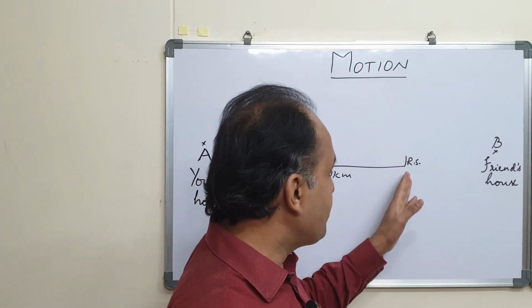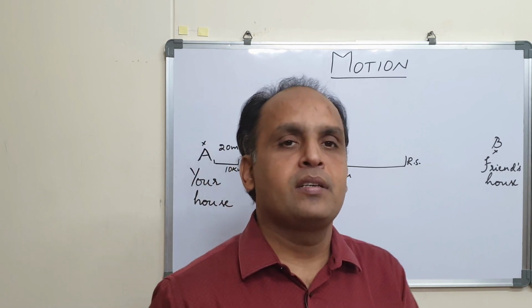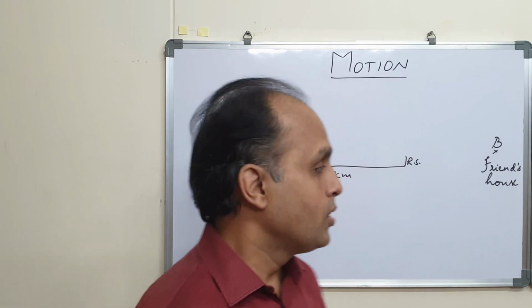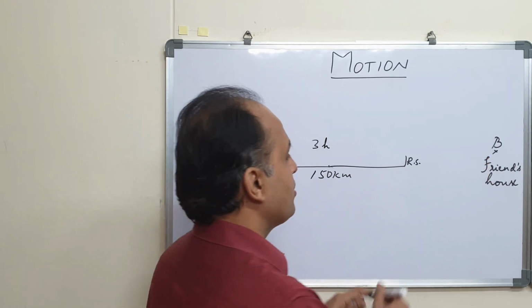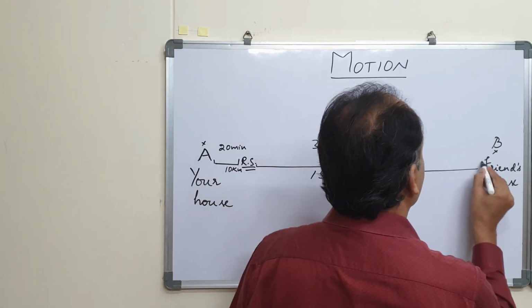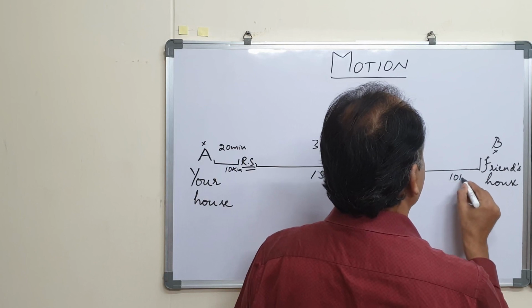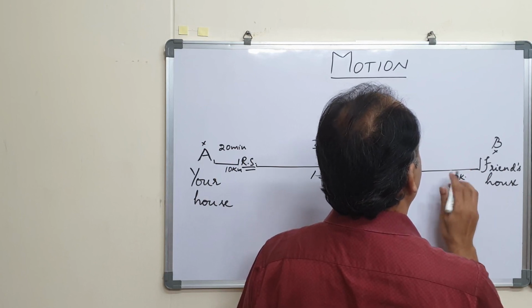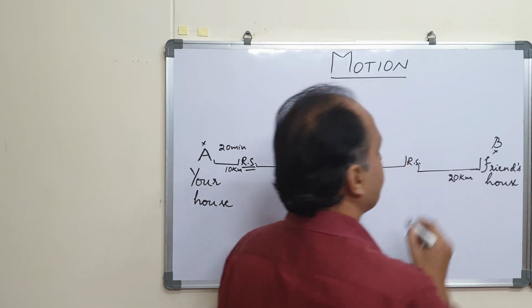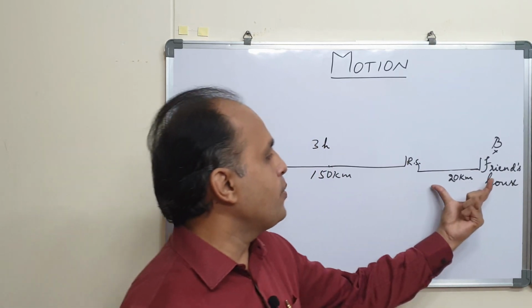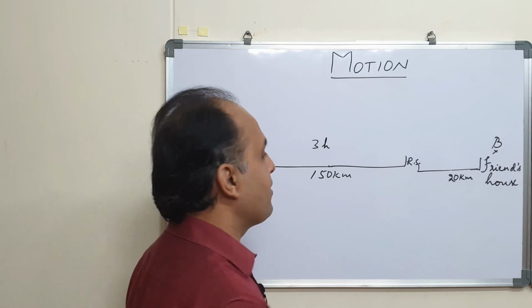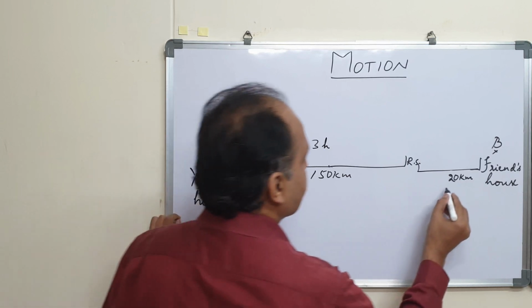So you reach the railway station in your friend's city, and again from the railway station to your friend's house, let us suppose that is another 20 kilometers. And this 20 kilometers, suppose you have traveled by cab again.